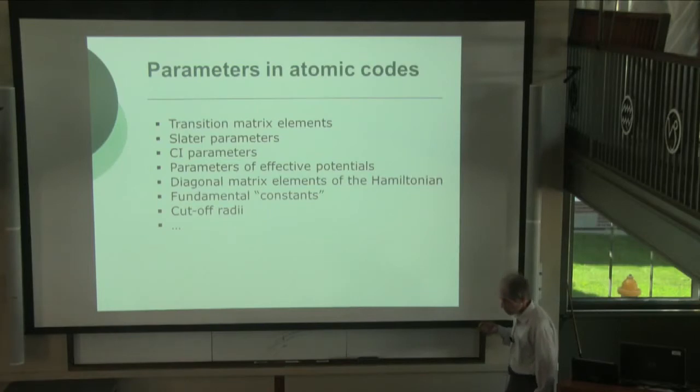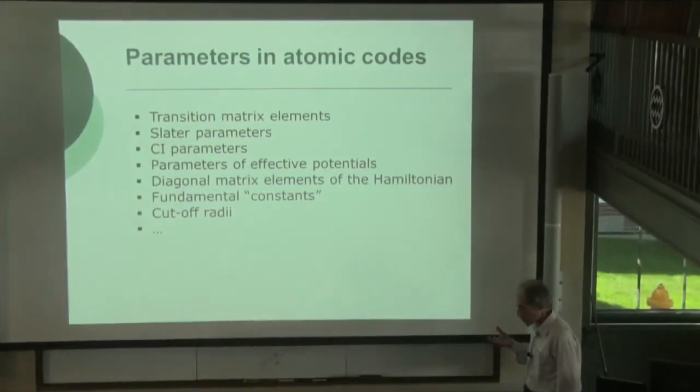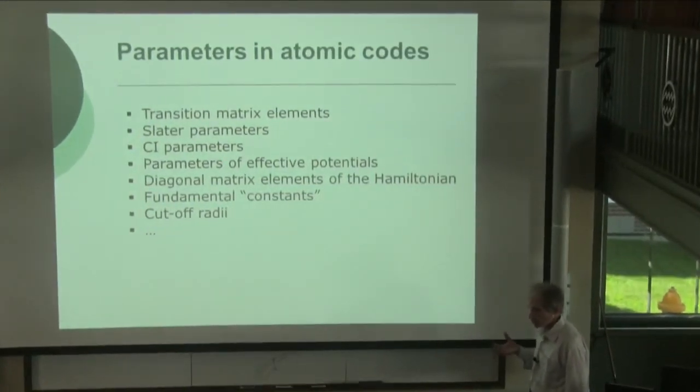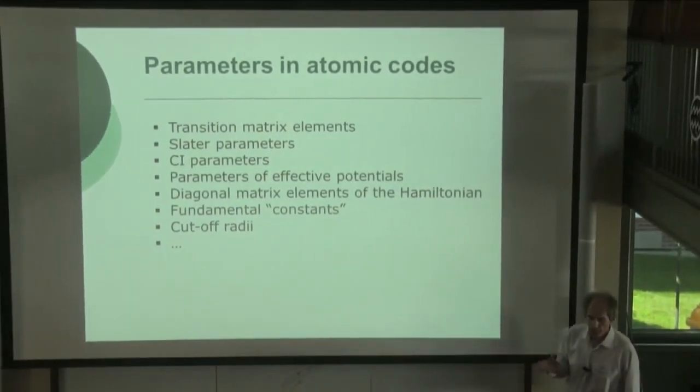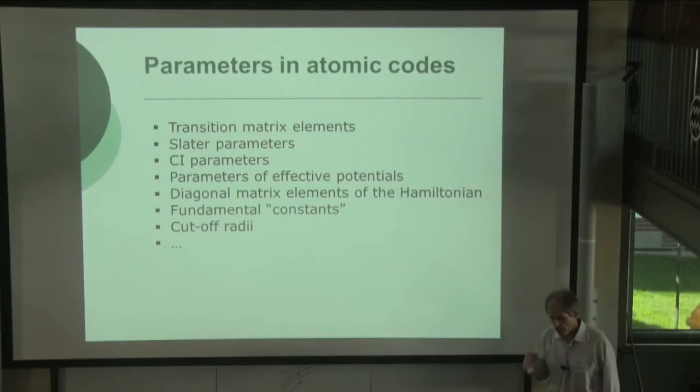I am attempting to assess it by varying parameters of the atomic code. What do I mean by parameters? Every atomic code has some built-in parameters. And I'm not talking about grid dimensions or something numerical. I am talking about physical things. Most famous of these parameters are the Slater parameters.